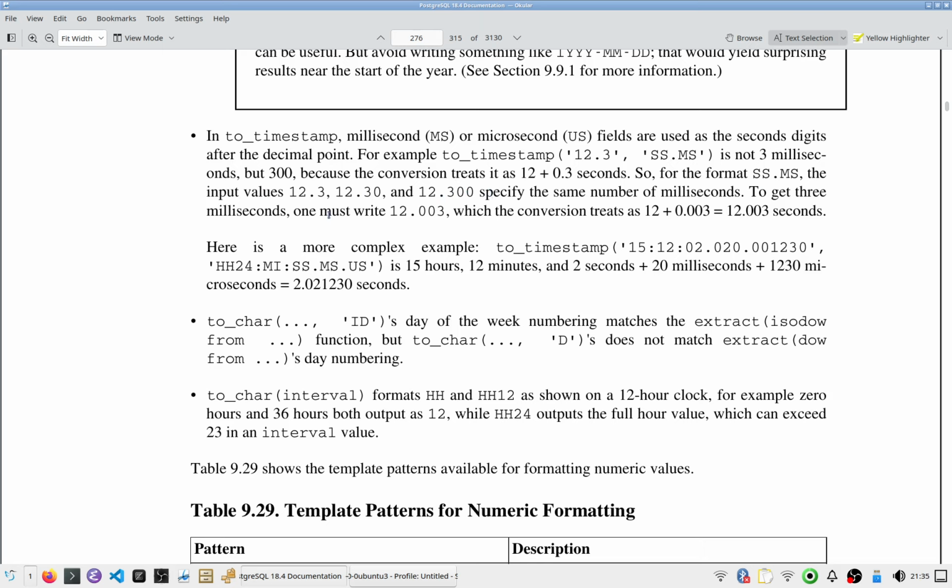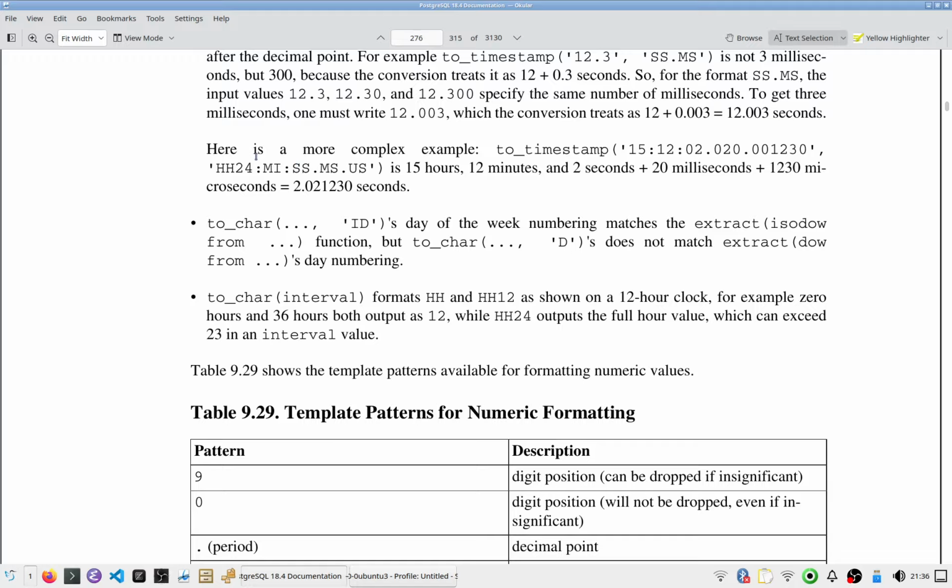To get 3 milliseconds, one must write 12.003, which the conversion treats as 12 plus 0.003, that is 12.003 seconds. Here is a more complex example: to_timestamp('15:12:02.020.001230', 'HH24:MI:SS.MS.US') is 15 hours 12 minutes 2 seconds 20 milliseconds 1230 microseconds.